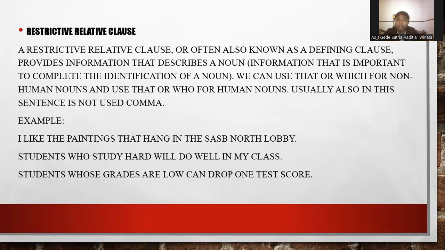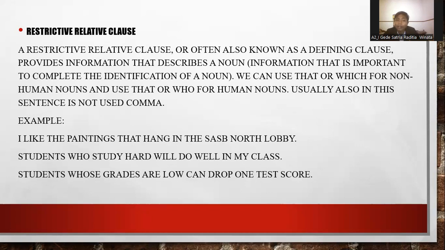It is information that's important to complete the identification of a noun. We can use that or which for non-human nouns, and that or who for human nouns. Usually a comma is not used in this sentence.